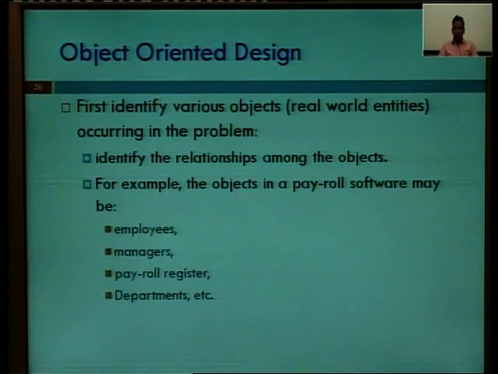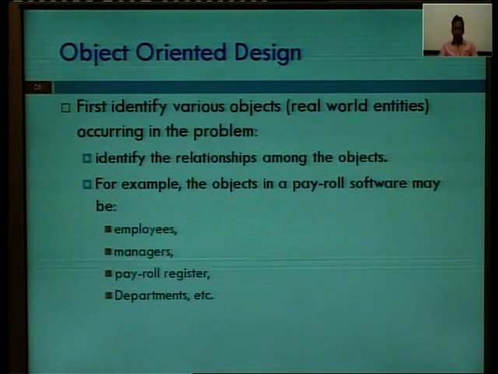For example, if we are considering a payroll software, we have to design a payroll software for a particular organization. In that organization, the different objects will be the employees working in the organization, the managers, the payroll registers, and the different departments.